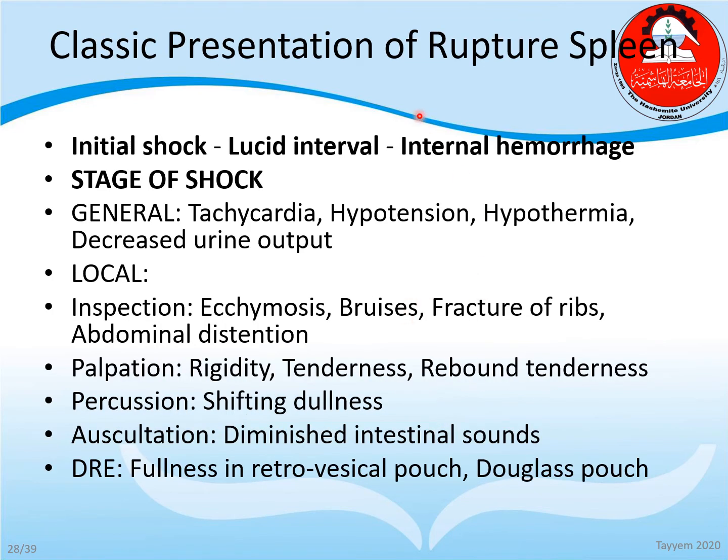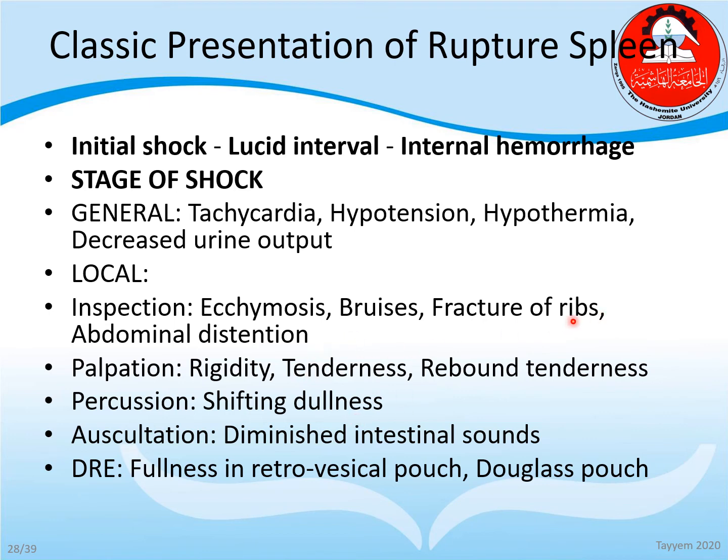And the presentation, usually the patient will have initial shock, then a lucid interval, then further bleeding, showing again the shock. Stages of shock, we'll come to speak about that in a minute, but here generally the patient will be tachycardic, hypotensive, hypothermic, oliguric, and locally by inspection there will be ecchymosis, bruise.